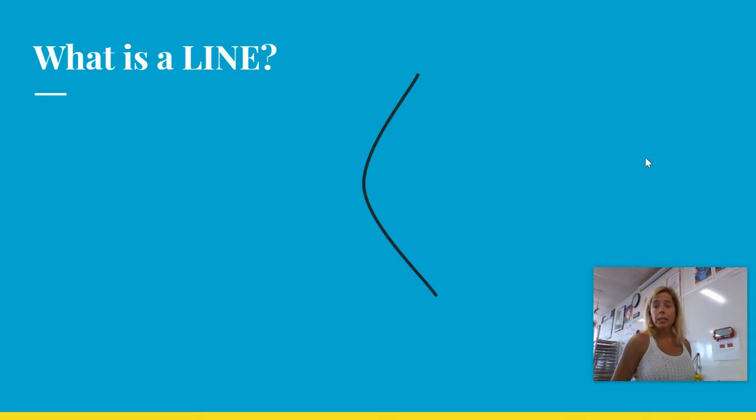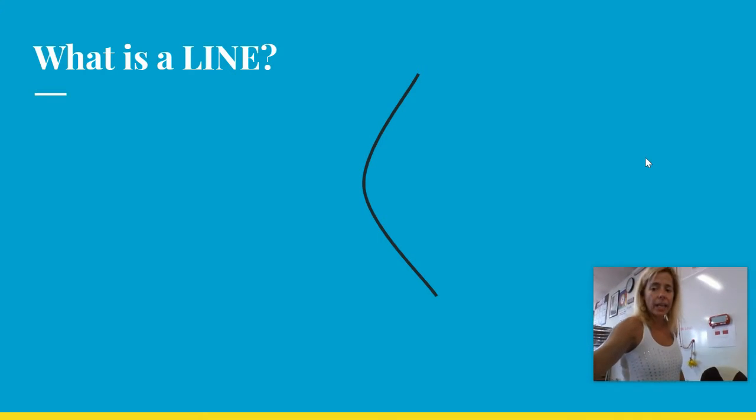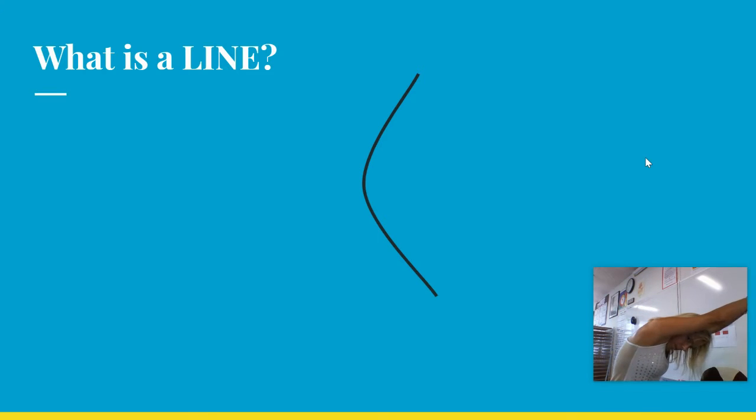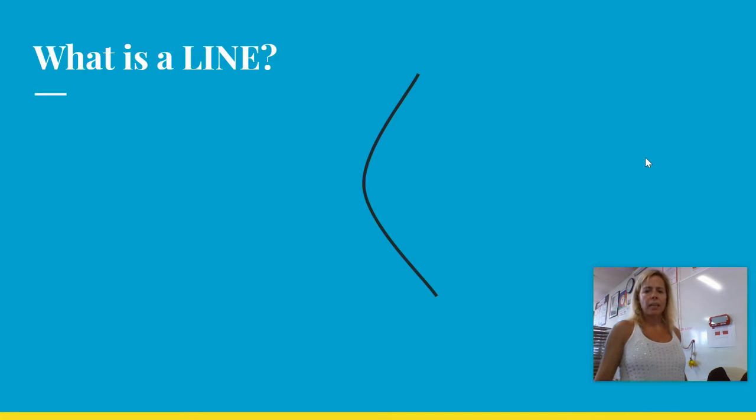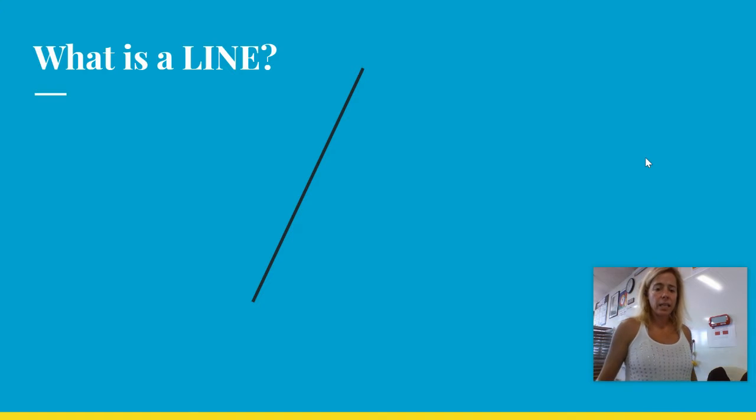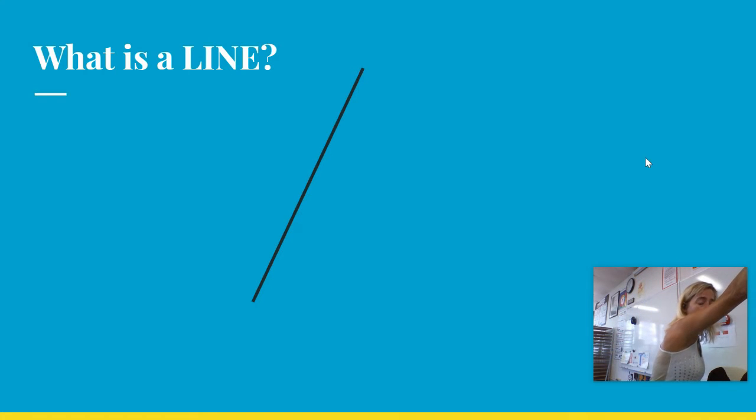This one reminds me of the puppy, all right? So you can even go this way, or you can go the other way and stretch your back. How does this line make you feel if you were to pretend to be this line? This one for me totally reminded me of a superhero pose. So I feel like I'm flying.